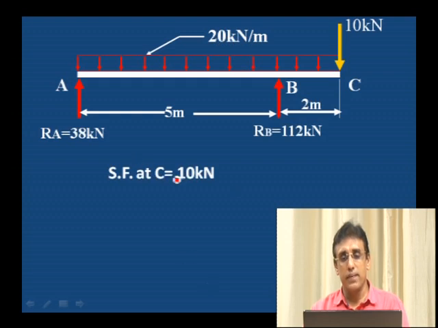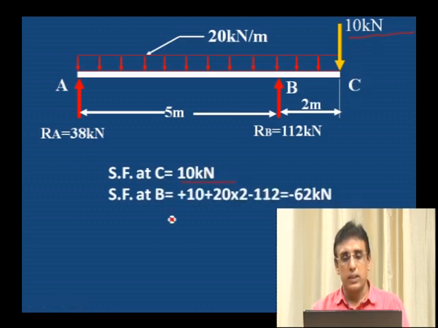Shear force at C, now you should be familiar, that is 10 kilonewton acting at C. Shear force at B, 10 minus 112, and one more is UDL. UDL is 20 into 2, 20 into distance 2. 20 into 2 is one load, 112 is the RB, and 10 is the point load.